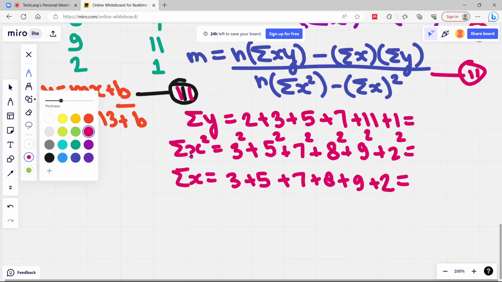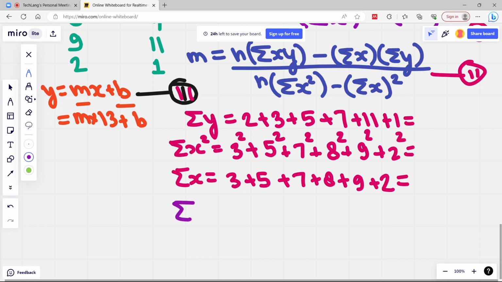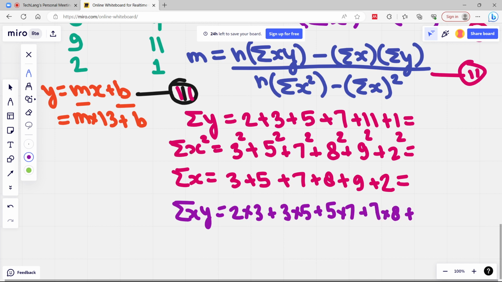So I'll take the summation of xy term, which would be 2 into 3 plus 3 into 5 plus 5 into 7 plus 7 into 8 plus 11 into 9 plus 1 into 2, the respective values multiplied and then summation applied.